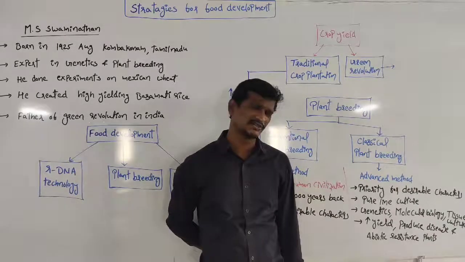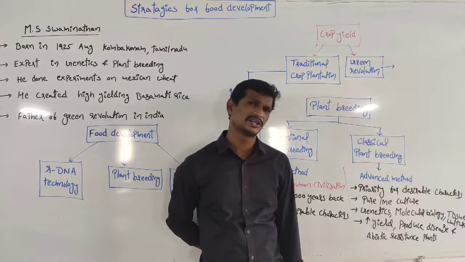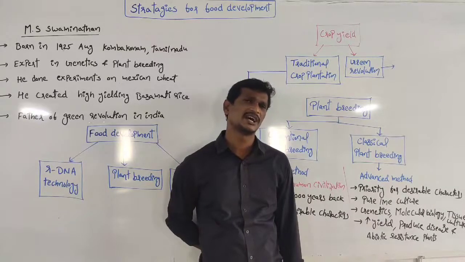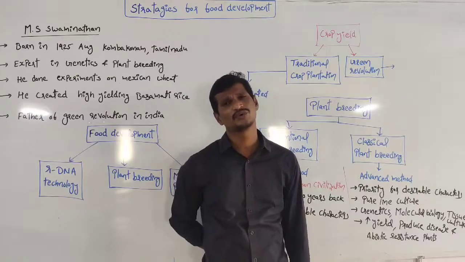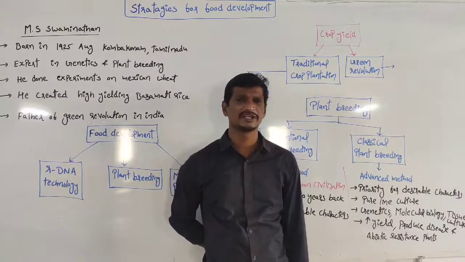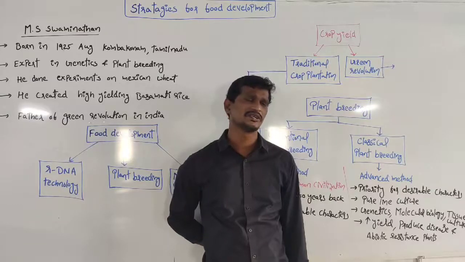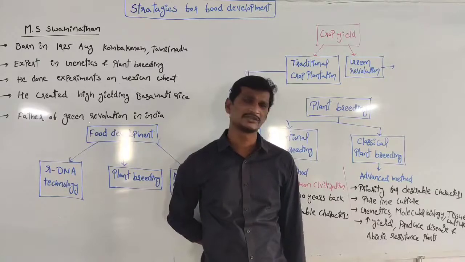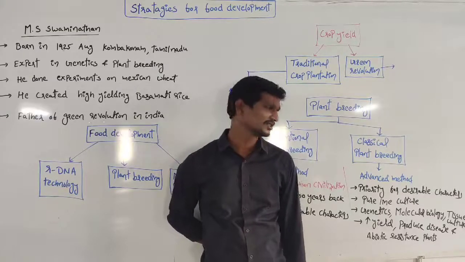With these advanced techniques, we are producing high yielding plants, high disease resistant plants, and plants with abiotic resistance, meaning the plants resist cold, resist high temperature, grow in different types of soils, and grow in high salinity regions, right?